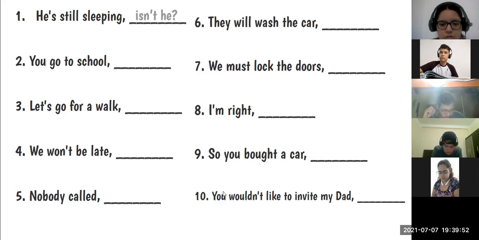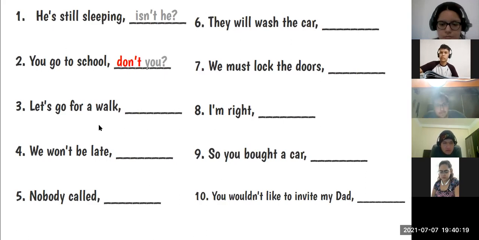Okay. Yes, we need to use do because the sentence is in the present simple, right? And the auxiliary verb we need or we use for the present simple is do, right? So, don't you? Okay, o sea, cuando no tenemos un auxiliar en nuestra oración, como por ejemplo en la primera, tenemos is nuestro auxiliar.